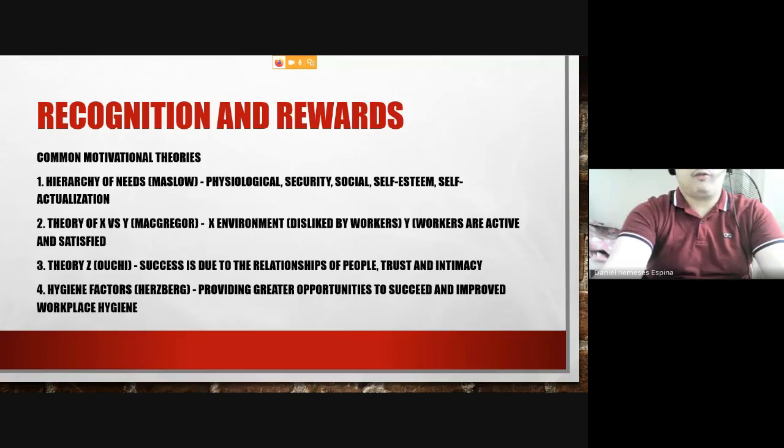Security is, of course, safety within the environment. Social is belongingness. Then you have the self-esteem, and lastly, the self-actualization. Based on this theory, you can actually craft a recognition and reward based on these needs. So as a physiological, pwede pagkaon, so self-esteem, so recognition.